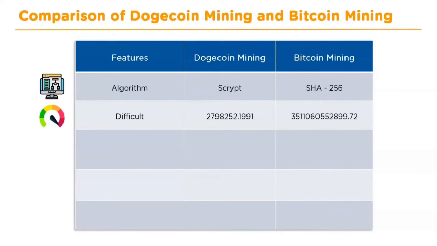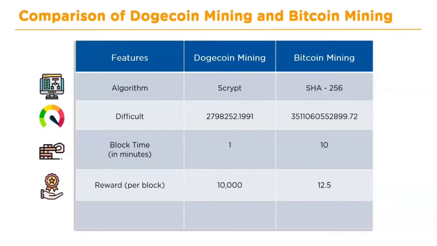Bitcoin is 3,511,060,552,899. Thus, it proves that Dogecoin is easier to mine among other cryptocurrencies. Third is block time. It is the time taken by a new block of transactions to be checked, confirmed, and added to the blockchain. Block time of Dogecoin is 1 minute. For Bitcoin, it is 10 minutes.